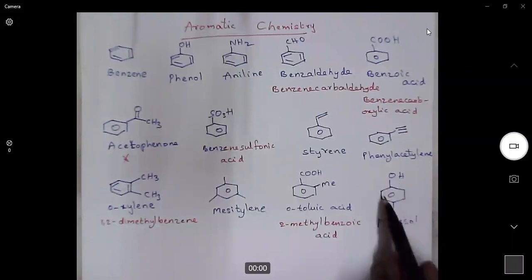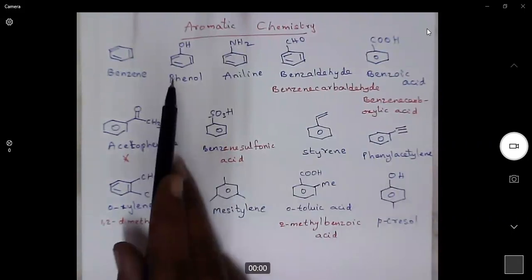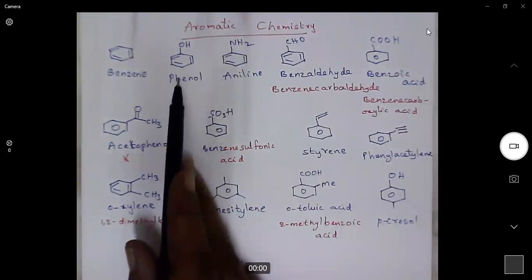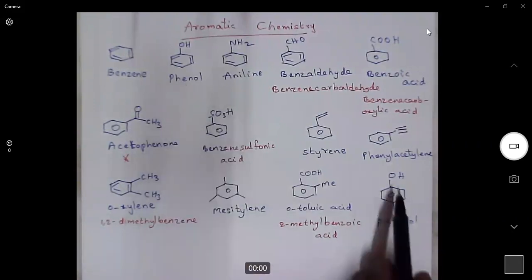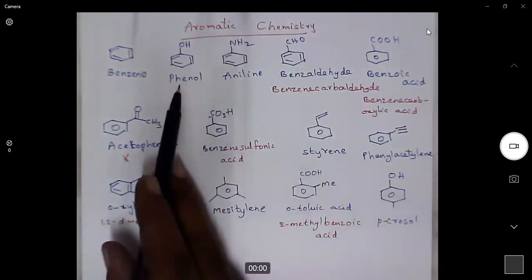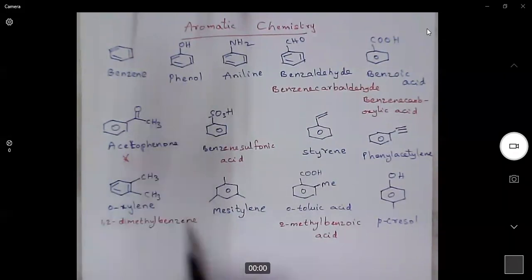So with OH, the nomenclature becomes the parent nomenclature and methyl is a substituent. With OH, the nomenclature is phenol. Phenol is a common name, but when we have substituents on phenol, phenol can be used in the IUPAC nomenclature.